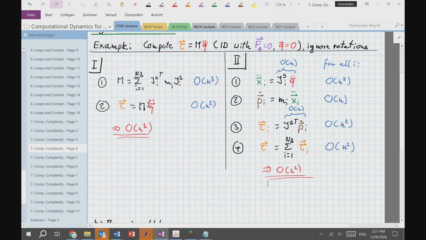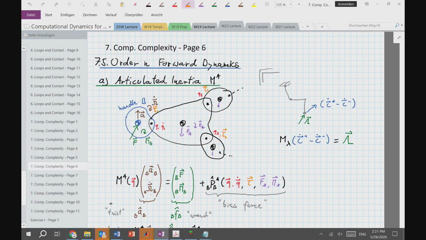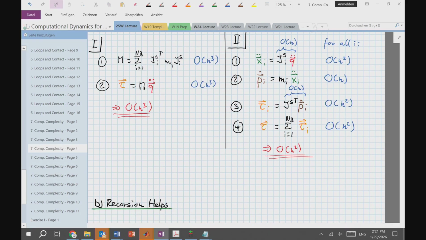Here I basically write this out directly as, in a sense, tau equals sum over j transposed mi j q double dot. And the way I evaluate it is I start with this, then I do this, then I do this, and then I evaluate the sum.